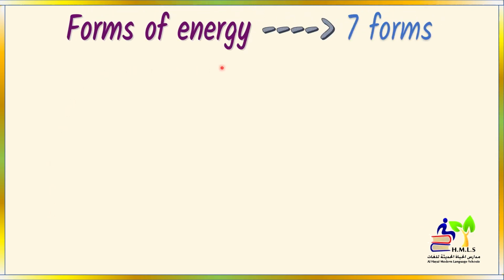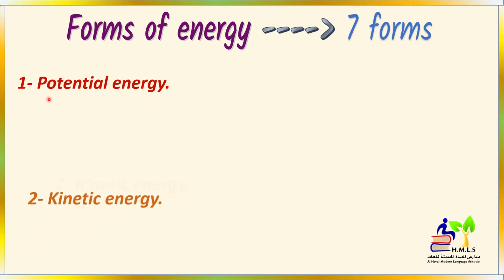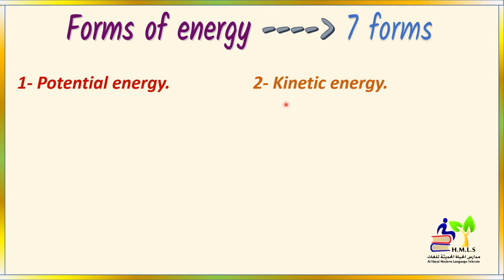What are the forms of energy? There are 7 forms of energy. Starting with number 1. Repeat after me, please. Potential energy. Again, potential energy. Number 2, kinetic energy. Number 3, light energy.